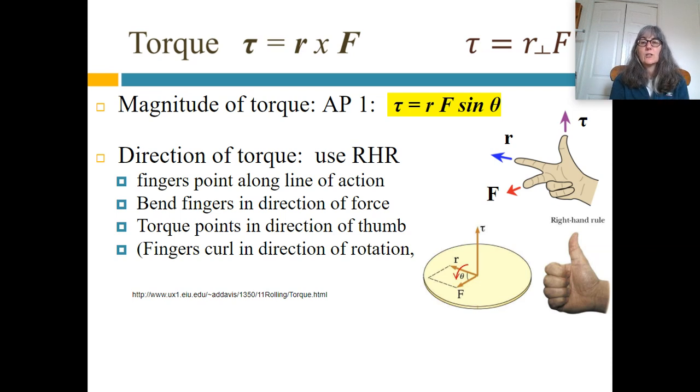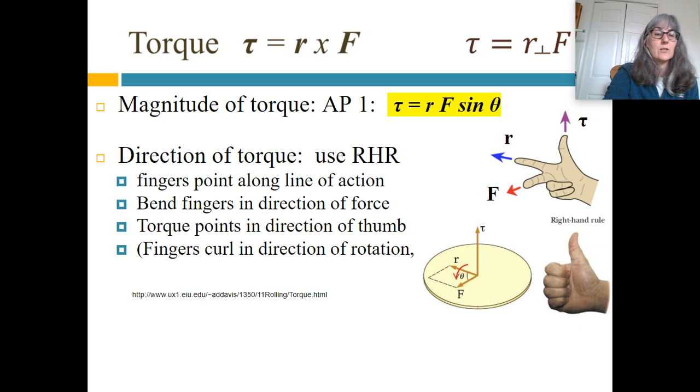If you want to know direction, you can use the same right-hand rule that we used in magnetism, if you took regular physics. Fingers go in the direction r goes towards F, and then your thumb is the torque. You could also use the three-finger version where torque points upwards, and then pointer finger goes in the direction of r, middle finger in the direction of F, and that's your torque.